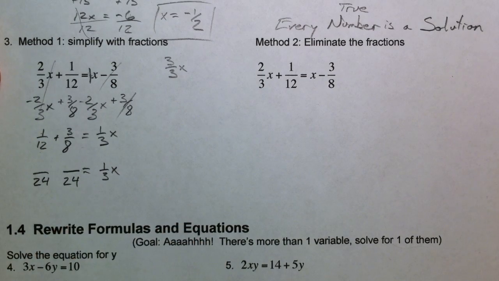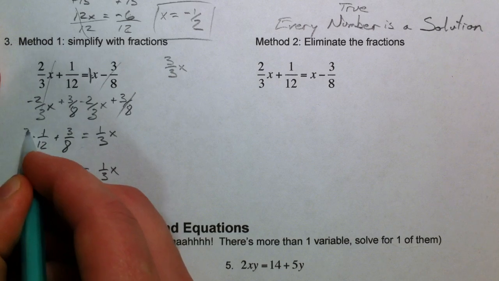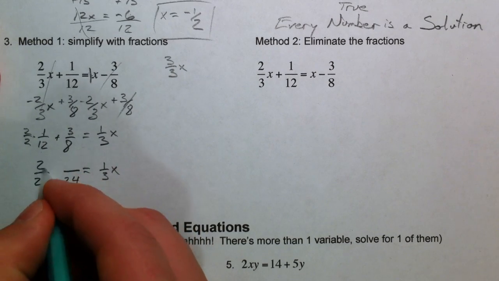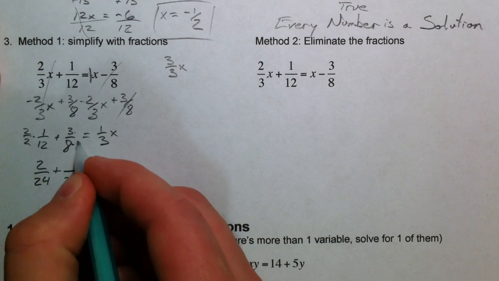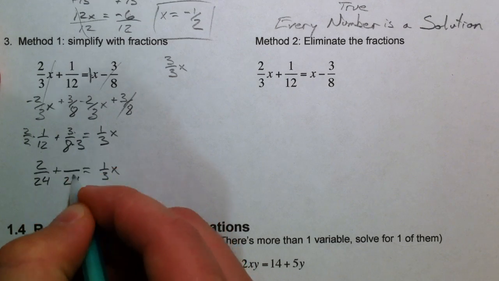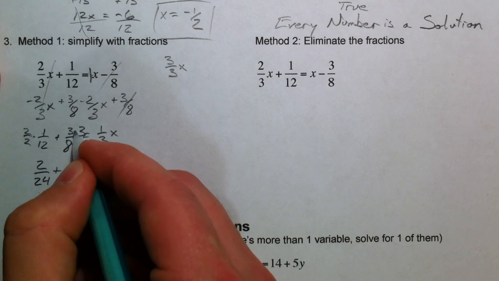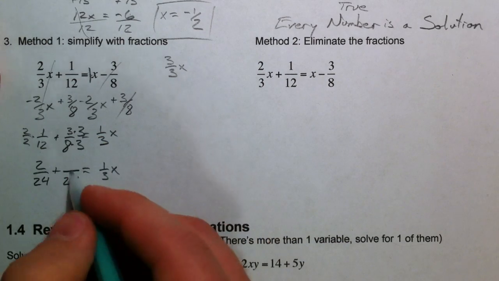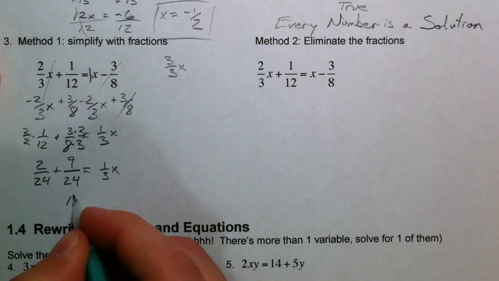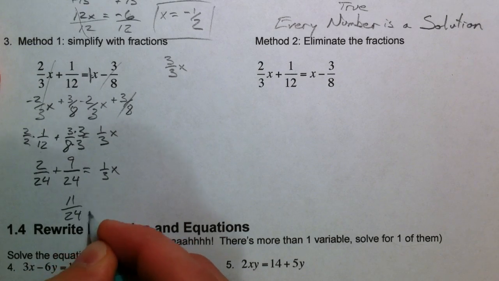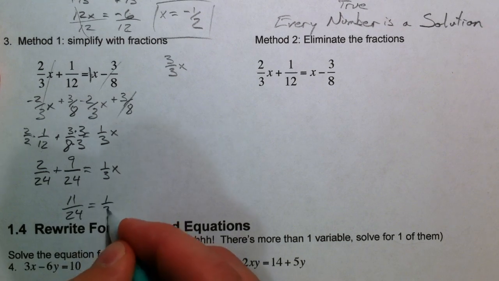And so if we make this 24, that's our common denominator. So we're going to have to multiply the first one by 2 over 2, so we get 2 24ths plus 8 times 3 is 24, so 3 over 3. Remember, we're multiplying it by a form of 1, so we get 9 24ths. So we get 11 over 24 equals 1/3 x.